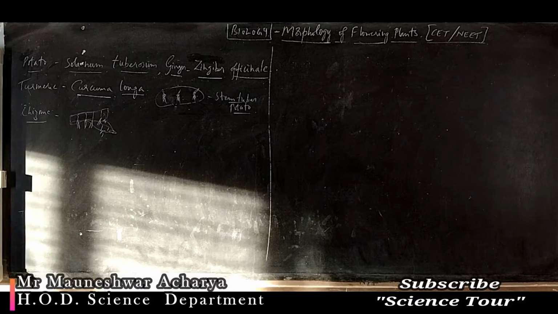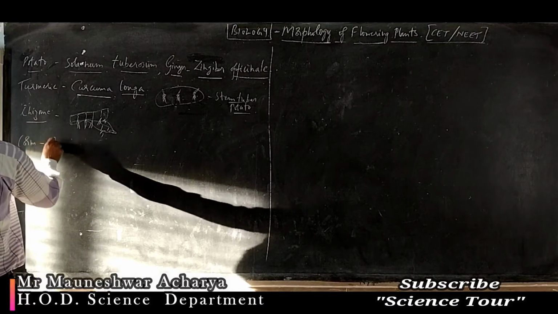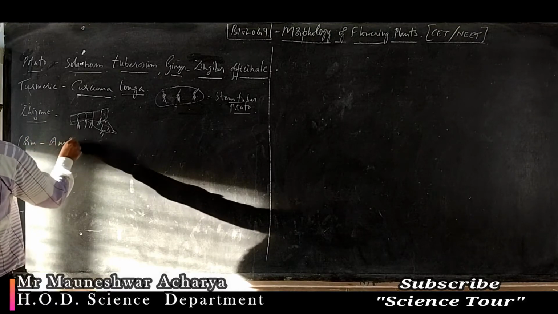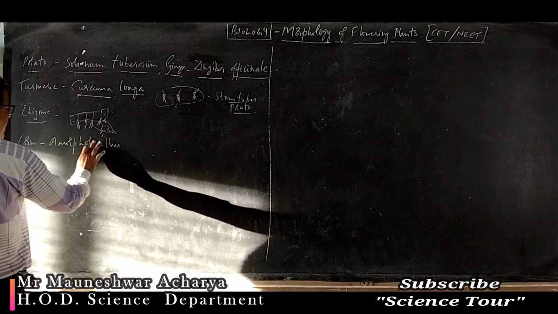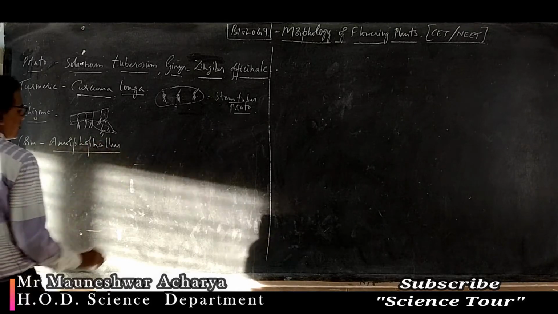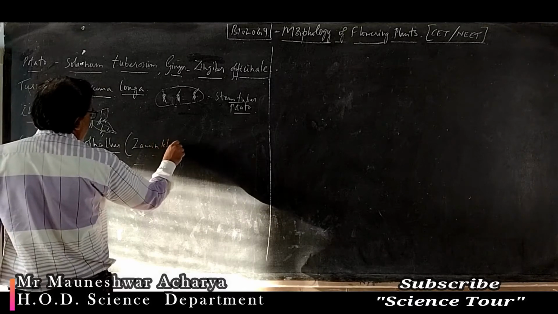Then we'll give some more examples for underground stem modification. You see there is a plant called corm. The scientific name is Amorphophallus. It is also called Zameen Kand in Hindi.